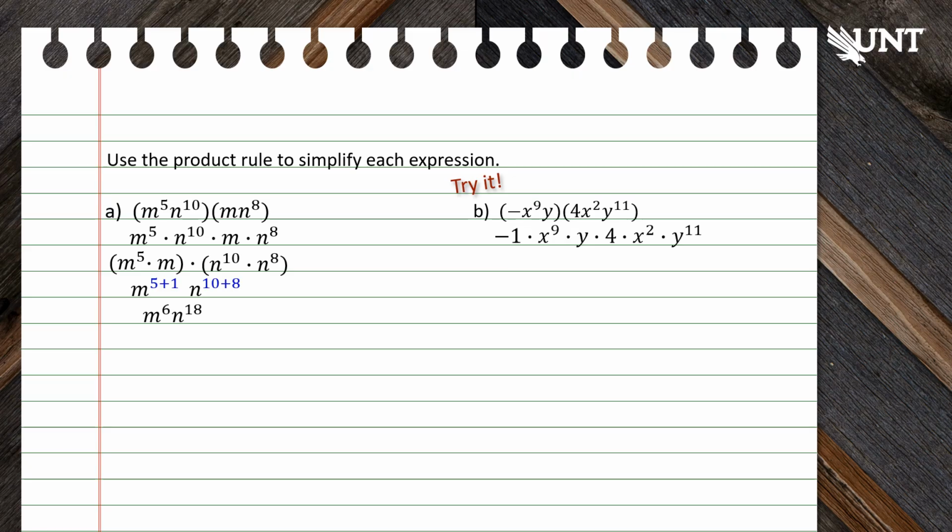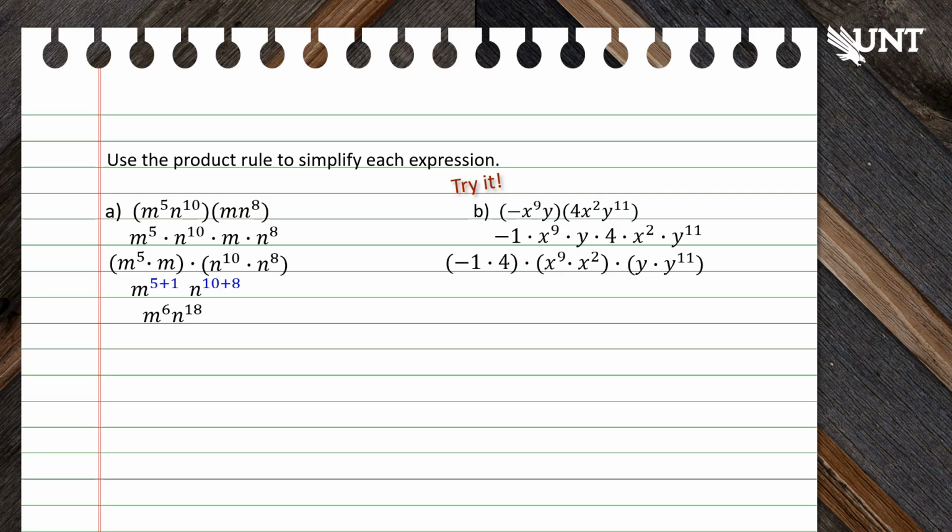And in this case, it is 3. We have the coefficients or the numbers, we have x's, and we have y's. And so we group them up using parenthesis sets. The first group would be negative 1 times 4. The next group is x to the 9th times x squared. And the last group would be y times y to the 11th.